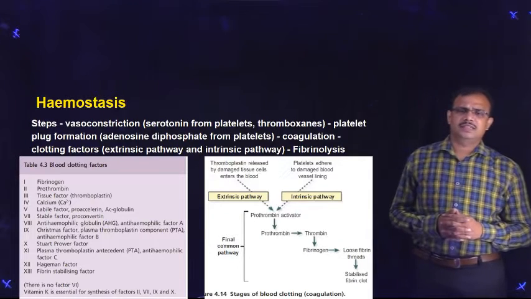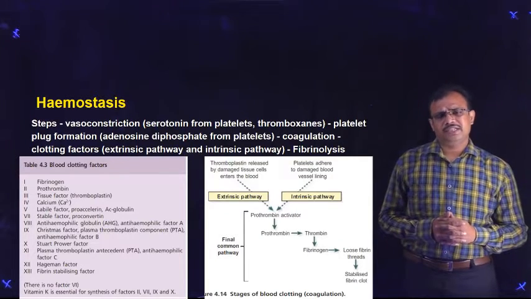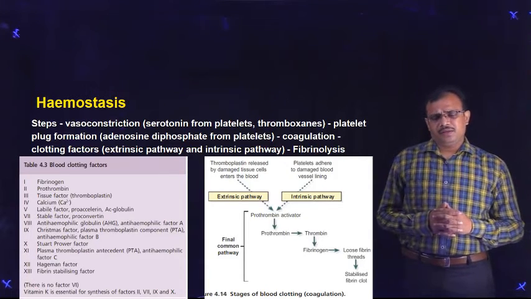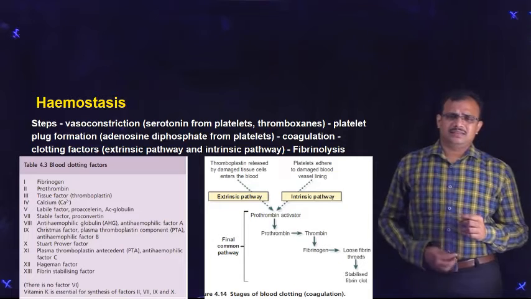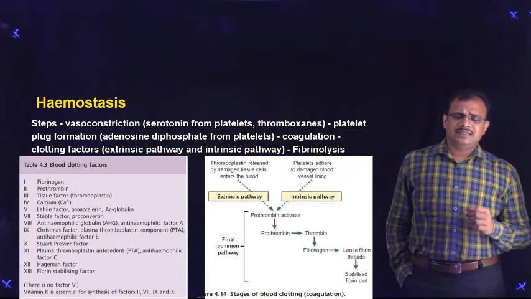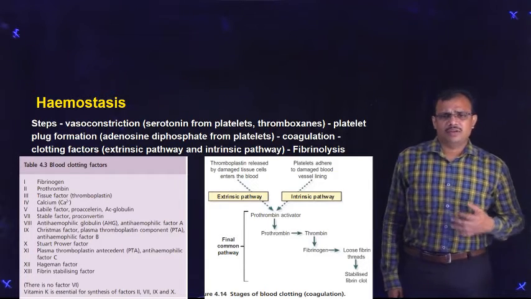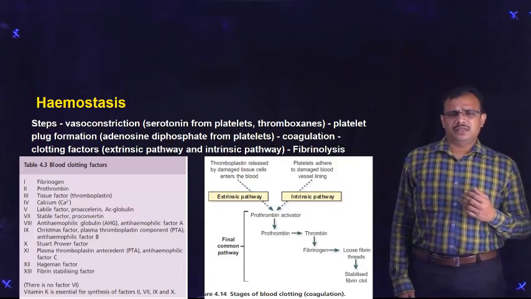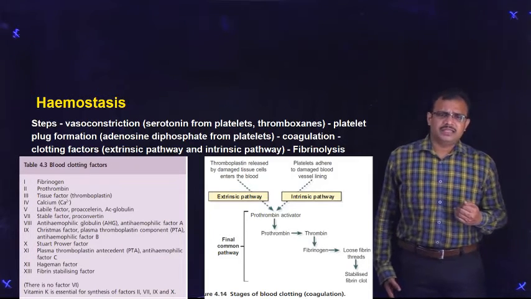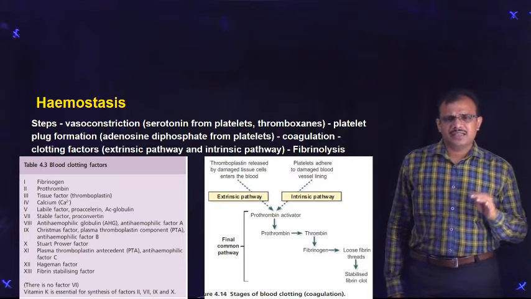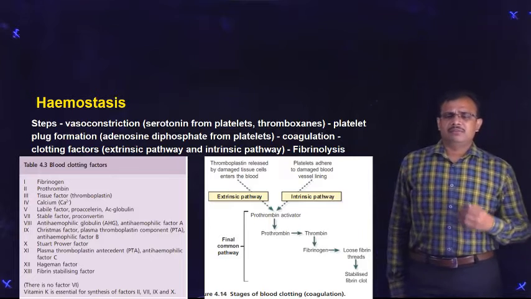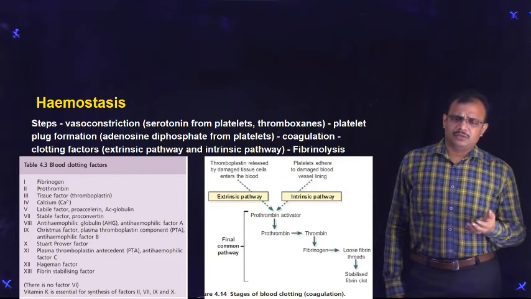Now let's see an important mechanism of homeostasis, that is blood clotting. We have seen homeostasis is a process which is essential for maintaining the normal function of all the activities in our body. Our body temperature is maintained by homeostasis. Our blood pressure is maintained by homeostasis.